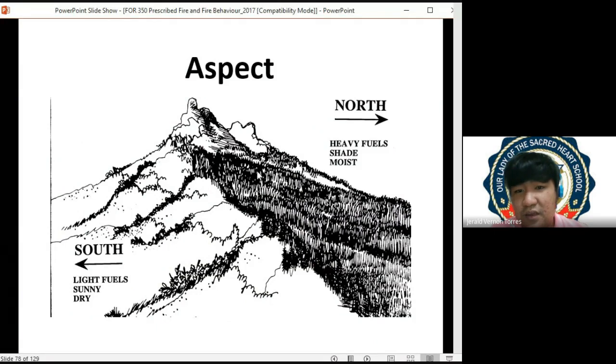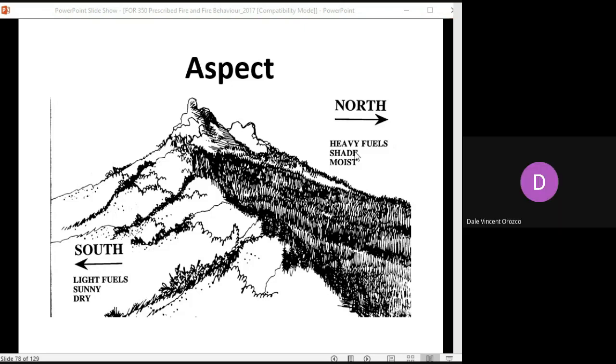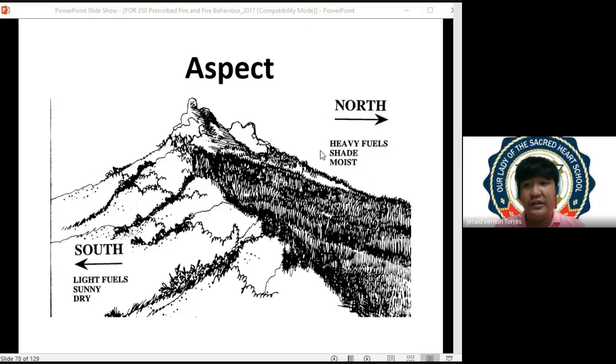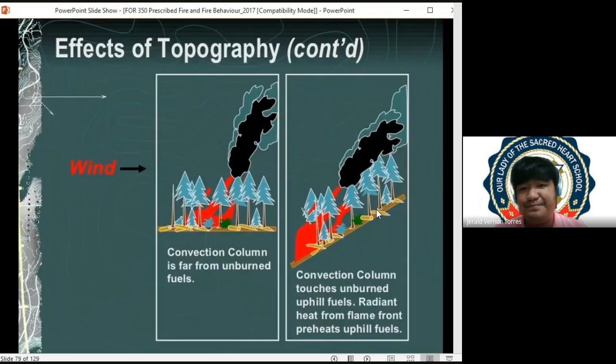So obviously, if you would observe here, paano kaya magiging direction ng fire natin? Where do you think mas mataas yung rate ng spread ng wildfire? Is it in the northern or the southern side of this topography? Anyone? Sa North, sir. Obviously sa north kasi greater yung density ng fuel and obviously ladderized yung arrangement, mas mabilis ang spread ng fire natin.